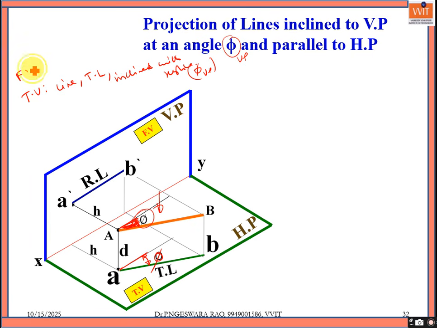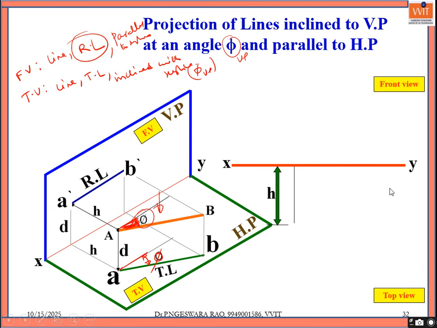So the front view image is a line only, but the length will be the reduced length, parallel to the XY line. Now you can locate it like this. Draw the XY line, locate one end, because in the top view you get the true length and true angle.